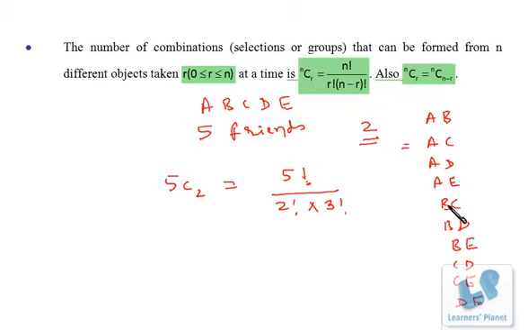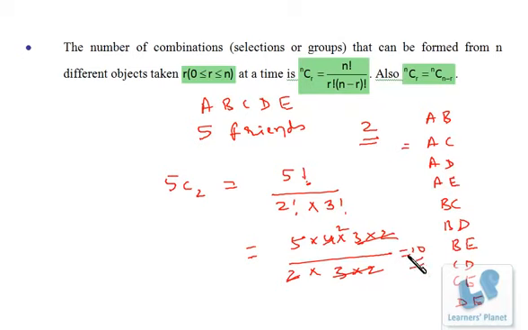So in all 10 combinations are there, right? If we solve this, it's 5 factorial, that is 5 into 4 into 3 into 2, divided by 2 factorial, that is 2, and 3 factorial is 3 into 2, right? So we are getting 10 combinations, right? So that I have written over here.